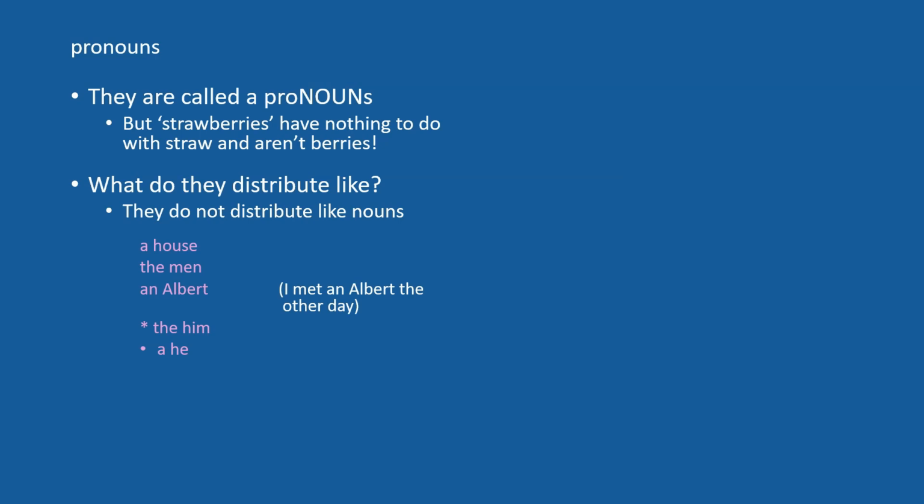Now, the first conclusion we arrive at from that is that pronouns don't seem to be nouns. They don't distribute like nouns, and so they can't be of the same category. The observation, however, is that they are in complementary distribution with determiners.